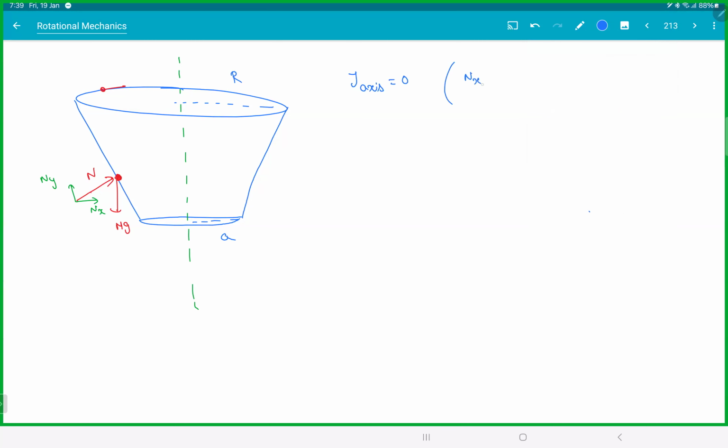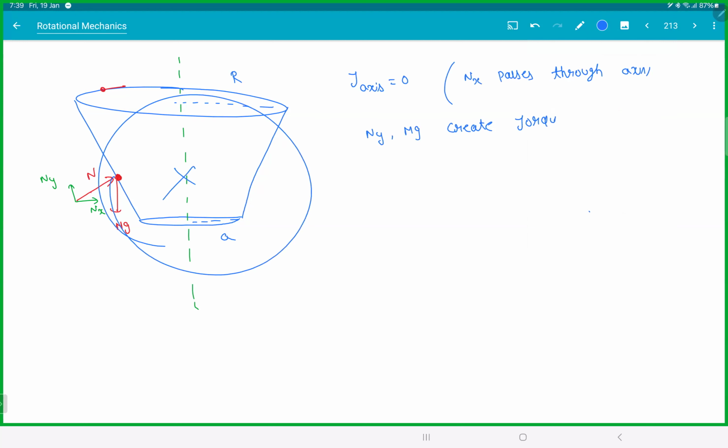Because nx passes through the axis. ny and mg create torque in a different plane. What will be the direction of the torque of mg and n? It is out of the plane, isn't it? There is a torque on the particle, but it is not about this axis. It is about a different axis.